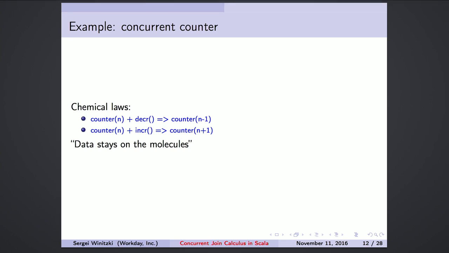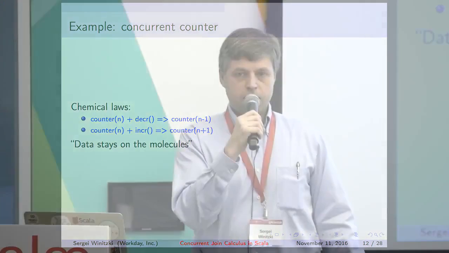So these will have unit, and these will have integer type. And then we define two chemical laws: when the counter molecule meets the decrement molecule, the decrement molecule will disappear, and the counter molecule will be re-injected back, but with the value decremented. And the same with the increment.